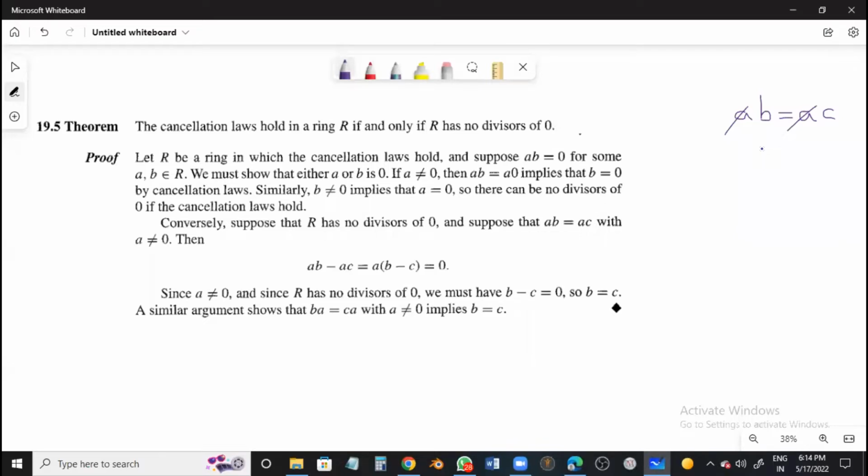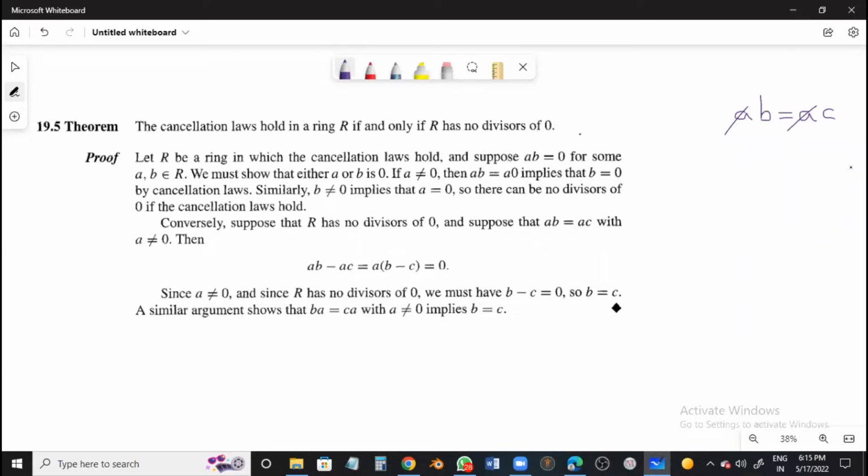Here we are cancelling things, and to cancel means we are multiplying by the inverse, and we don't insist in a ring that every element must be a unit element and so on. These things are not there. That is why the question of whether cancellation laws hold or do not hold occurs.